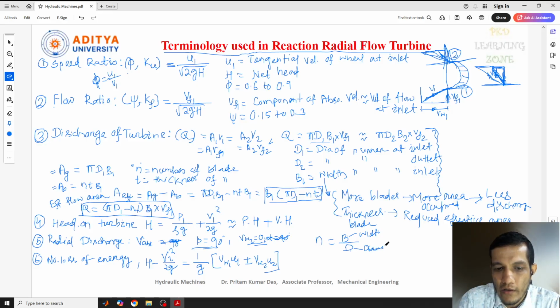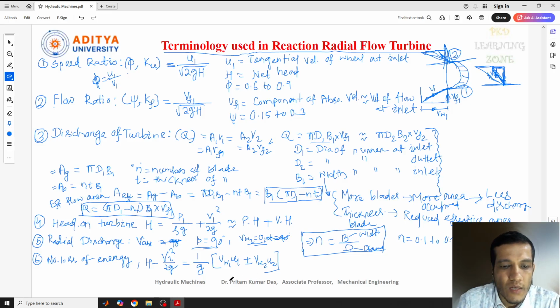Sometimes we need to calculate this also, and the value of n will be in the range of 0.1 to 0.45.